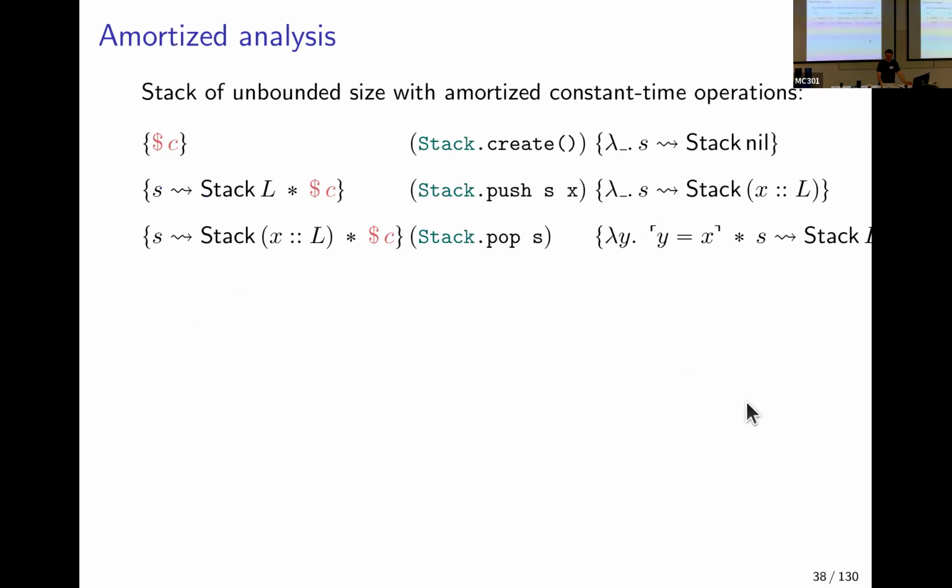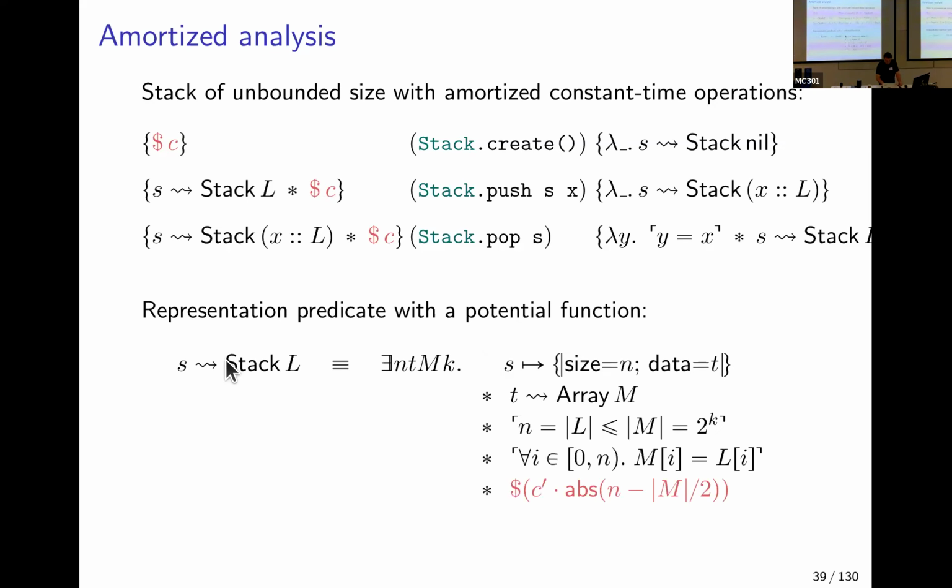You can do some amortized analysis. Like if you have a stack made with a buffer that doubles every time, you need to store all of those credits in your invariant so that when you actually need to do the doubling, you'll have enough time credits in your invariant.